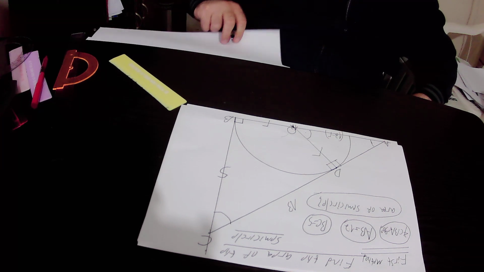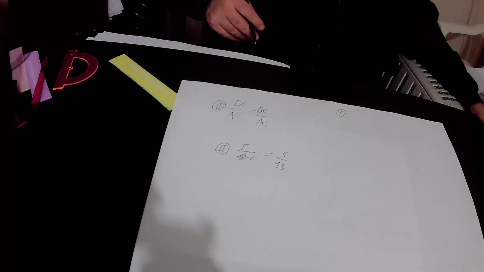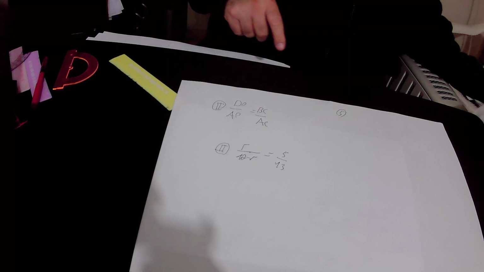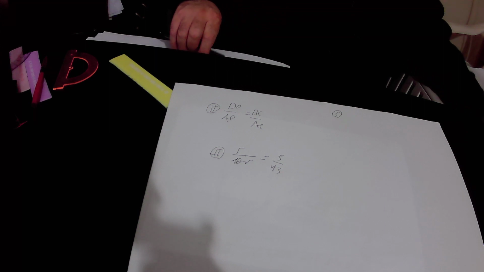Okay, so we have one equation with only one variable that is missing, that is actually the radius of the semicircle. So it is very easy to find the radius of the semicircle.